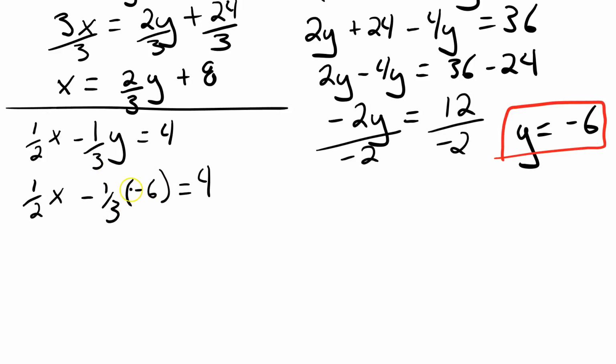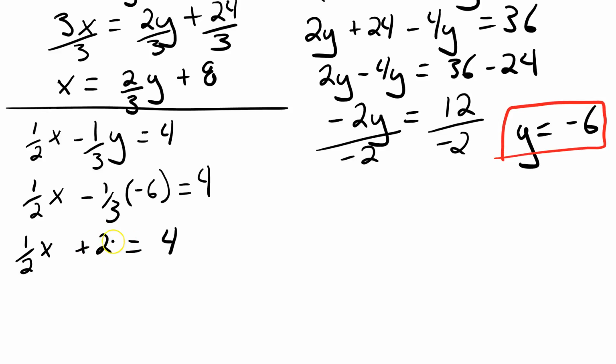So I'm going to multiply this through, so I get 1/2 x. Remember, this is negative 1 times negative 6, which gives you positive 6. Divide by 3, which gives you 2. So 1/2 x plus 2 equals 4. Bring the 2 to the other side.